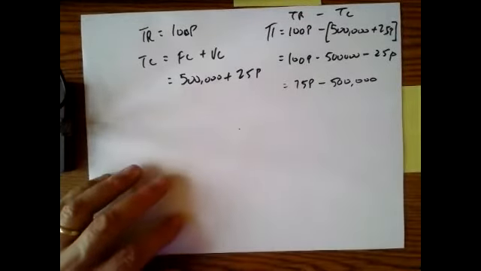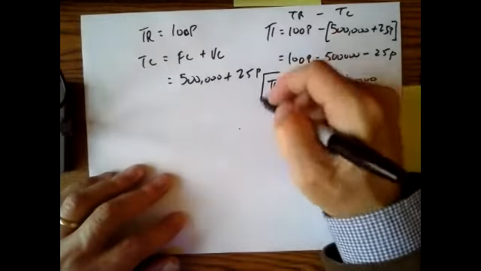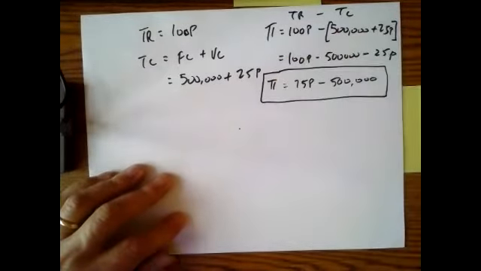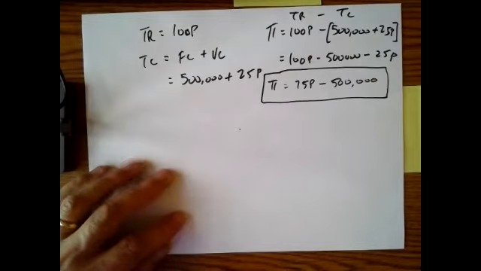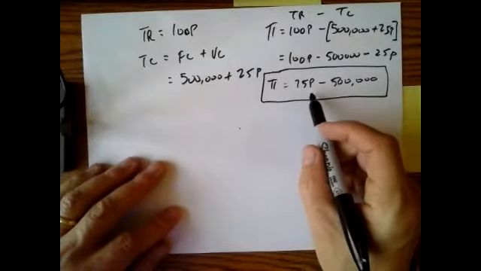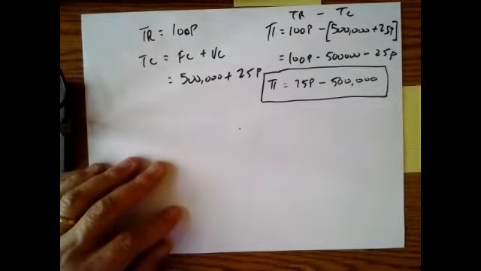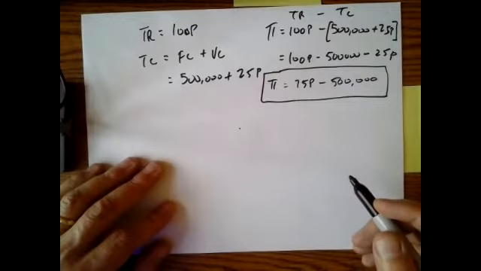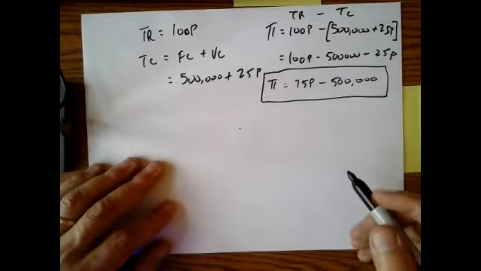That is our profit function for this problem. If we plug in 7,500 visits for P, we wind up with the answer we had a minute ago, which is 62,500. But that's not the break-even. In that case, we have $62,500 in profit.